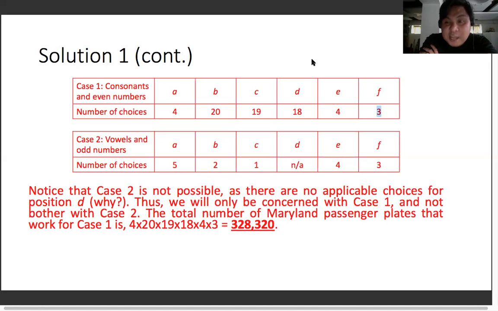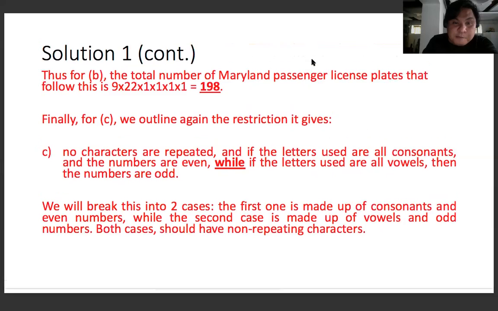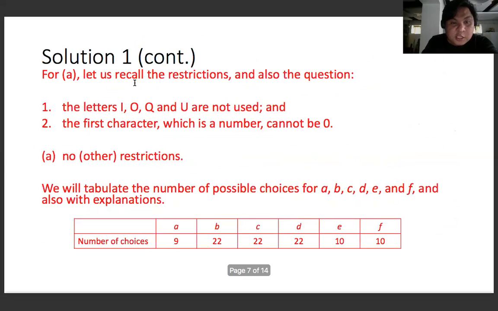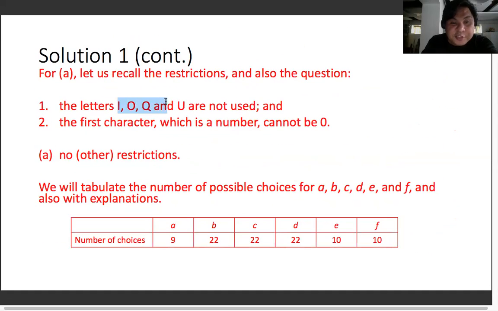So does that mean we have 21 choices for position B? Actually, no. If you look back at the initial conditions, there are 4 letters that cannot be used: I, O, Q, and U. Among these 4 letters, Q is actually a consonant.